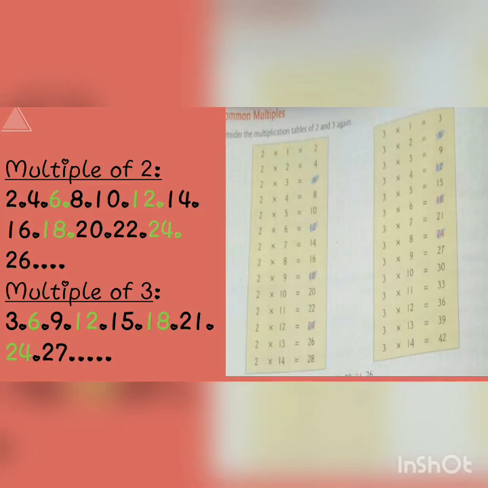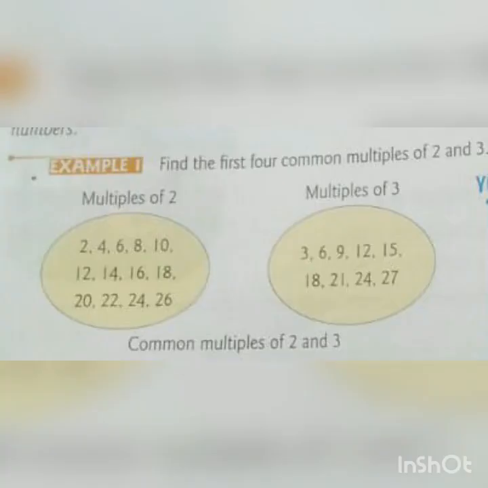Thus, a number that is a multiple of 2 or more numbers is called a common multiple of those numbers. Children, in the given example, we have to find the common multiples of 2 and 3. Here, in multiples of 2, we will write all the multiples, and in multiples of 3 we will write all the multiples.